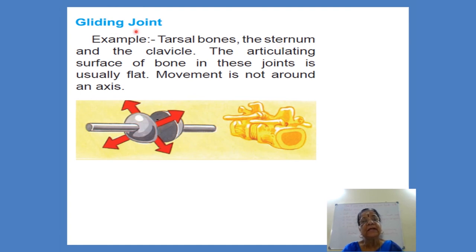Gliding joints are present in all these. Dorsal bones in the foot are like the carpals we study in the hand. The rib cage is attached to the central dagger-shaped bone, the sternum, and the collar bone is called the clavicle. The articulating surface of bone in this joint is usually flat. Movement is not around an axis.